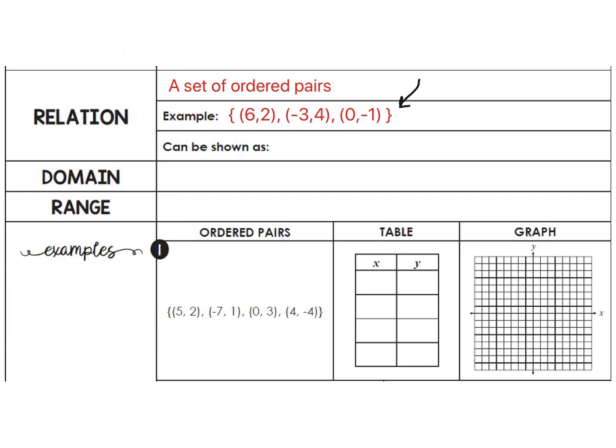Okay, so we have sets of ordered pairs that are all grouped together with a set of braces on the outside. Okay, a relation can be shown as a set of ordered pairs, a table, or a graph.